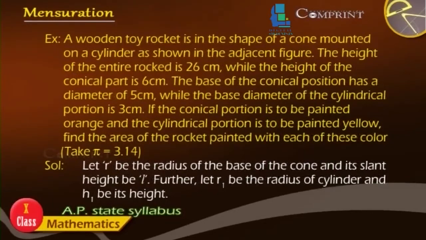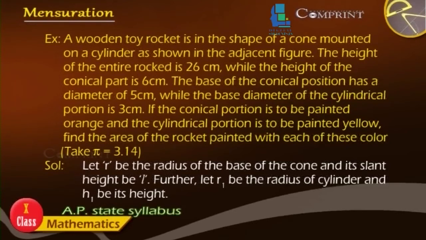Example. A wooden toy rocket is in the shape of a cone mounted on a cylinder as shown in the adjacent figure. The height of the entire rocket is 26 centimeters while the height of the conical part is 6 centimeters.